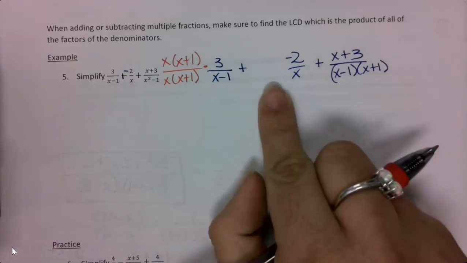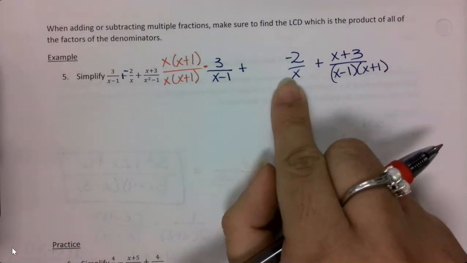Okay, then in the middle, I'm looking for what factors this fraction is also missing on the bottom.